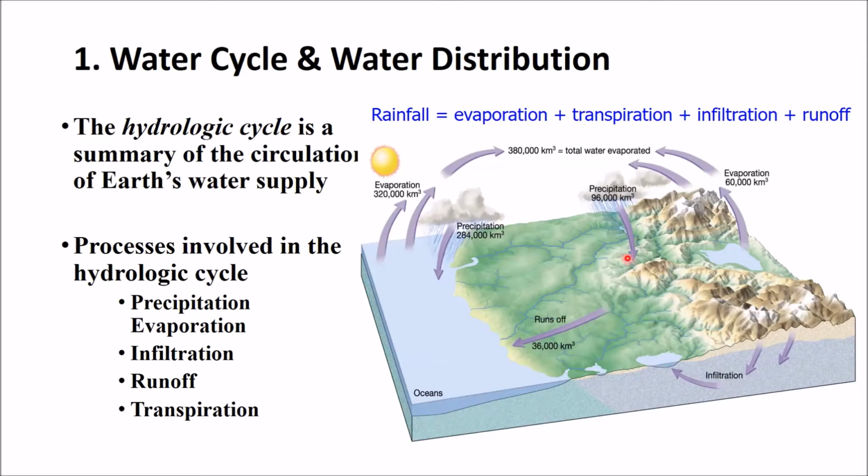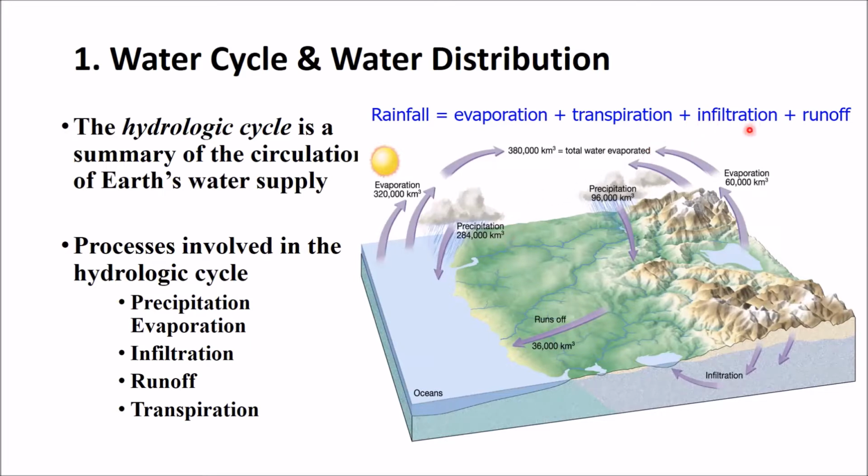And finally the rainfall equals evaporation and transpiration. Transpiration is another process that occurs with plants, with trees. The water can go through the tree and into the air, to the atmosphere.